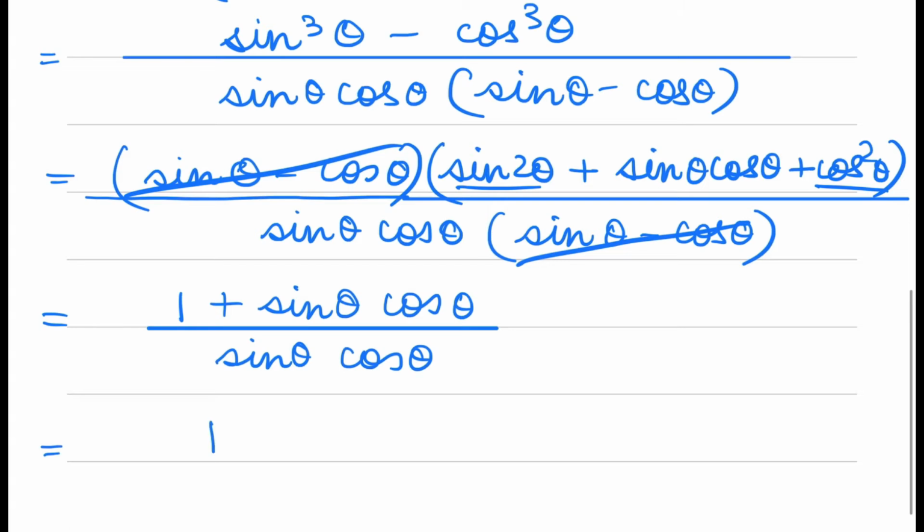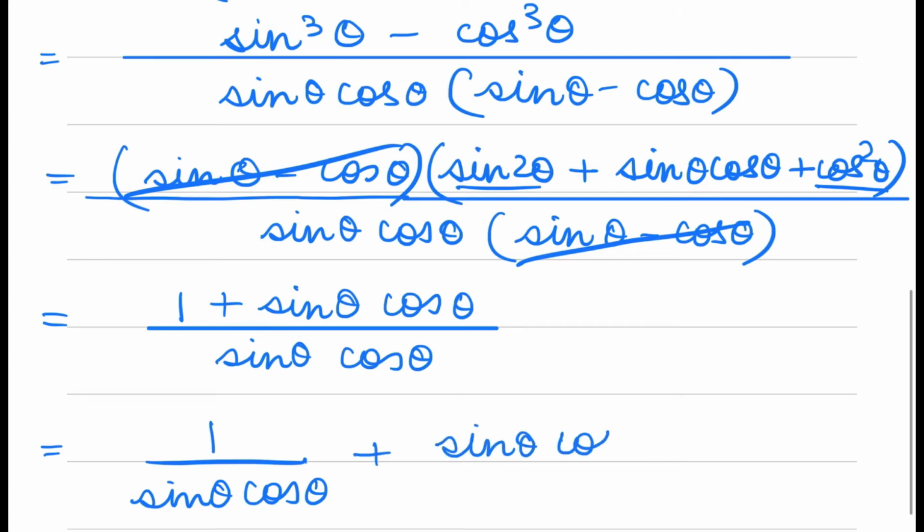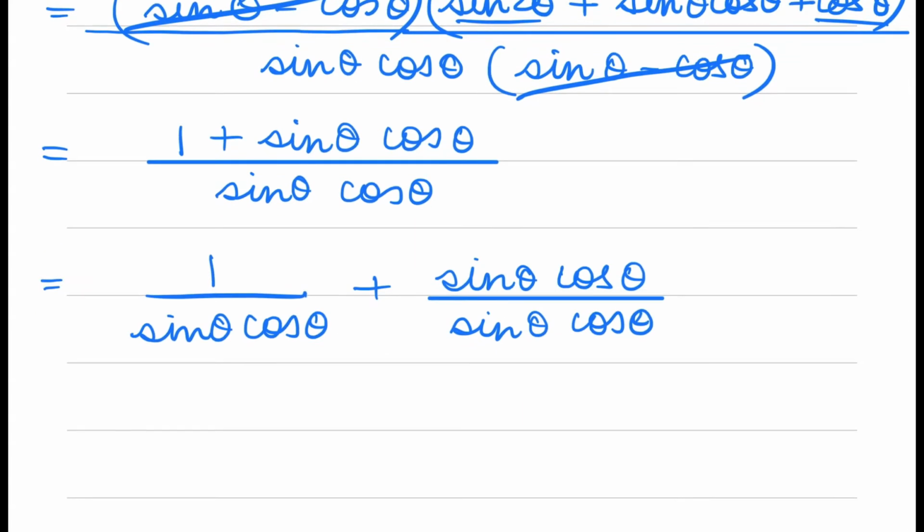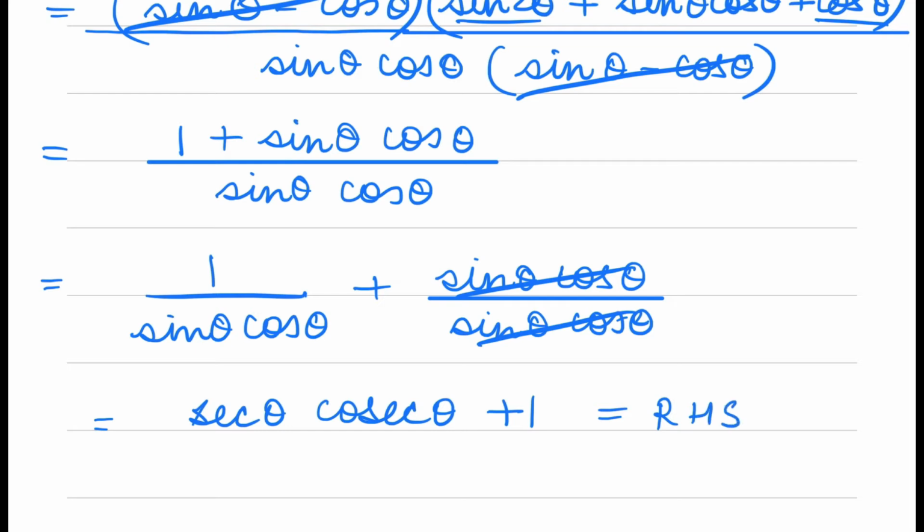Now I can write this as 1 by sin theta cos theta plus sin theta cos theta divided by sin theta cos theta. This and this get cancelled, and 1 by sin theta cos theta I can write as sec theta into cosec theta, plus 1. So this is equal to the right hand side, hence proved.